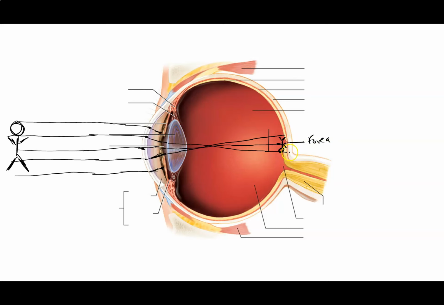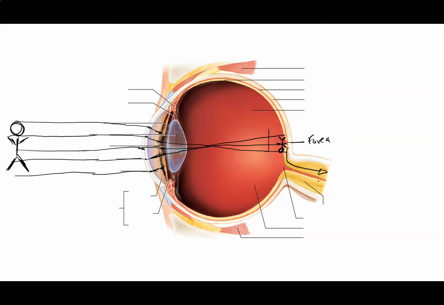From there, what happens is that the rods and cones are stimulated. They initiate action potentials on the axons, and the axons carry those electrical impulses through the optic disc into the optic nerve, which then eventually leads to the occipital lobe of your brain.